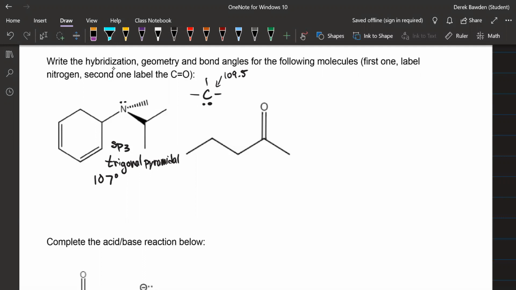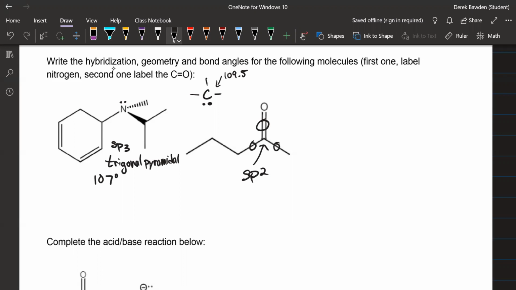Hope you remember. Perfect. All right, and how about for this carbon right here? What is our hybridization? sp2, excellent. sp2 because there's 3 regions of electron density, so sp2 for the 3 regions.